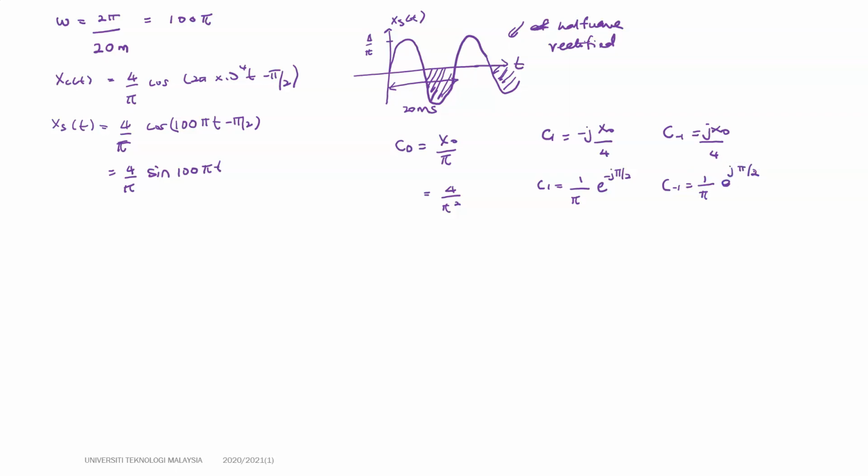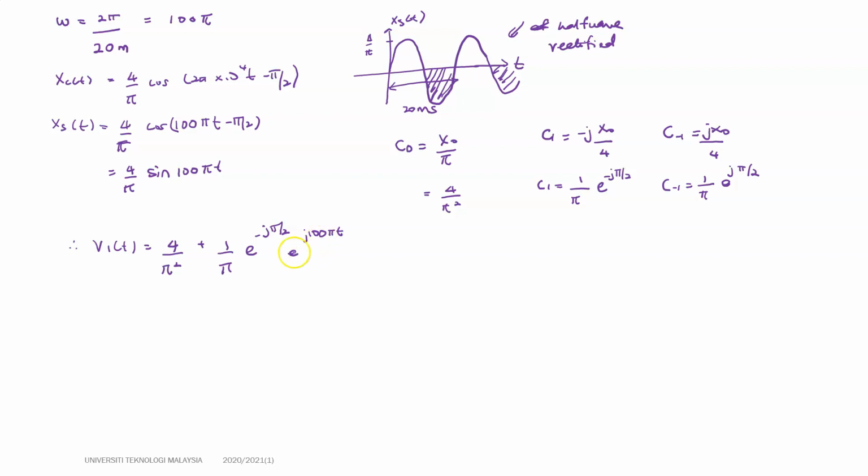Okay, so how did I come up with this? X0 here I replace with 4 over pi, so you will get this. And then from there we can get V1t, which is equal to the summation of all of these in terms of the complex Fourier series coefficients: 4 over pi squared plus 1 over pi exponent negative j pi over 2 exponent j 100 pi t, which is the new omega.